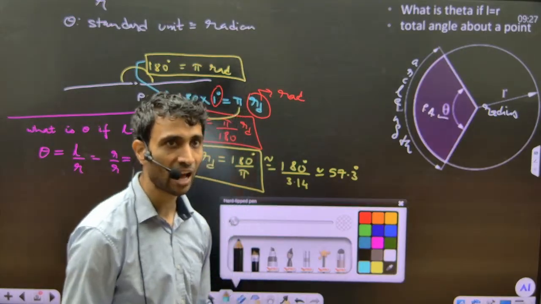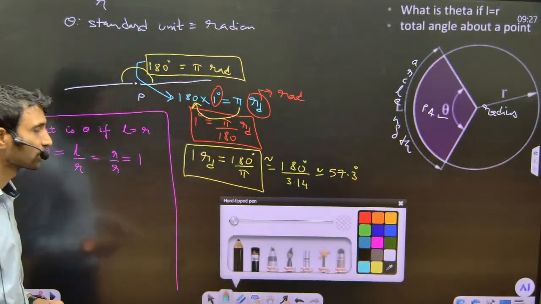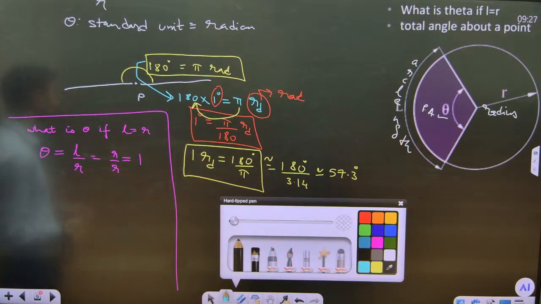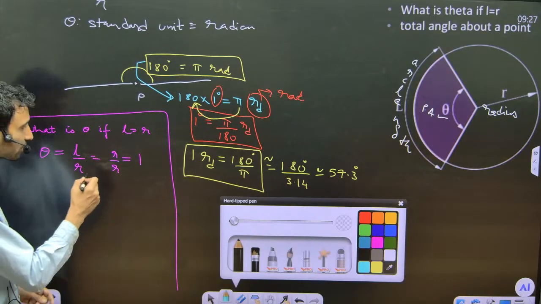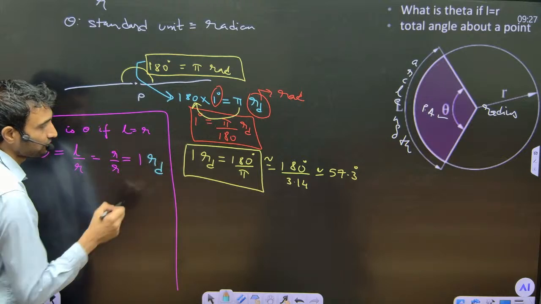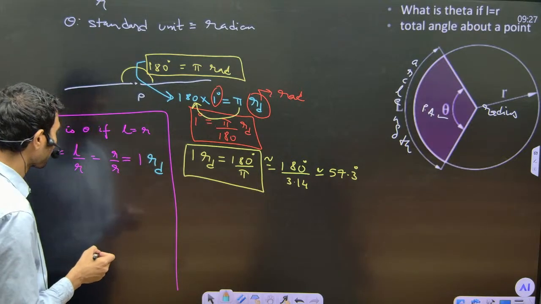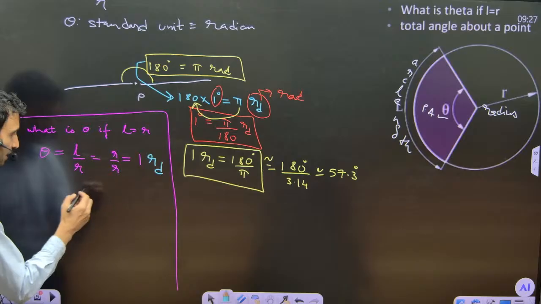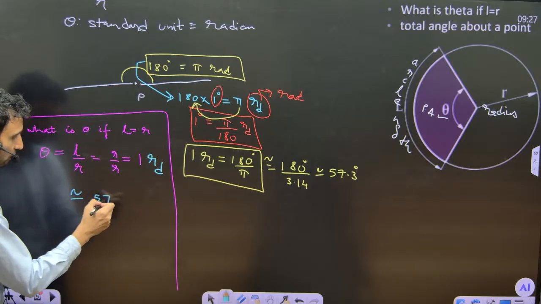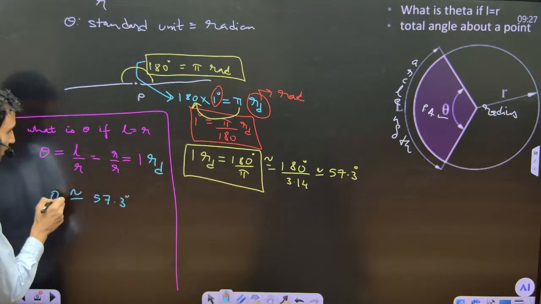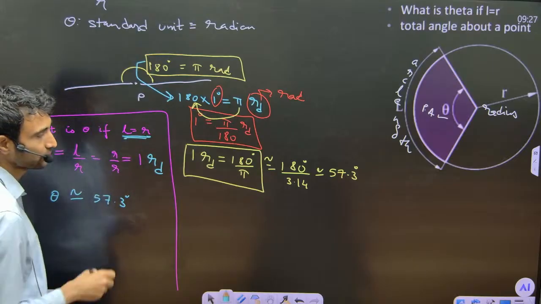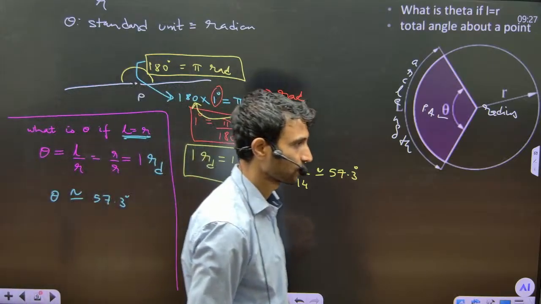But as I have been intoning, the standard unit is not degree, it is radian. So this is essentially 1 radian, and as you know, 1 radian amounts to 57.3 degrees. That's what theta comes out to be when L is equal to R.